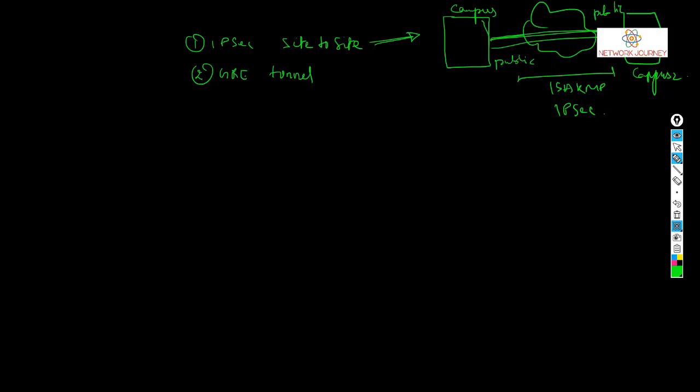And we can just pass our LAN traffic over this tunnel, which is received on the second campus. So that's IPsec site to site. The packets which are moving over the internet will be secured with IPsec security. Later on we saw something called GRE.